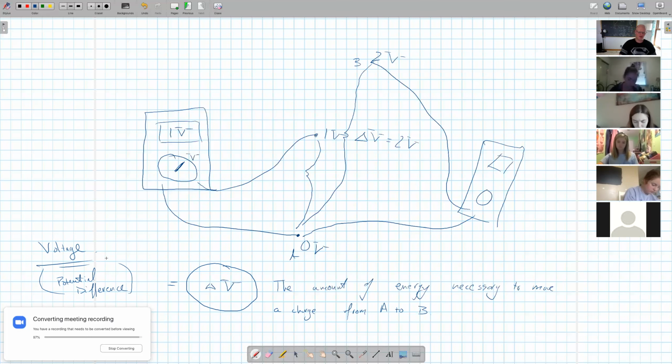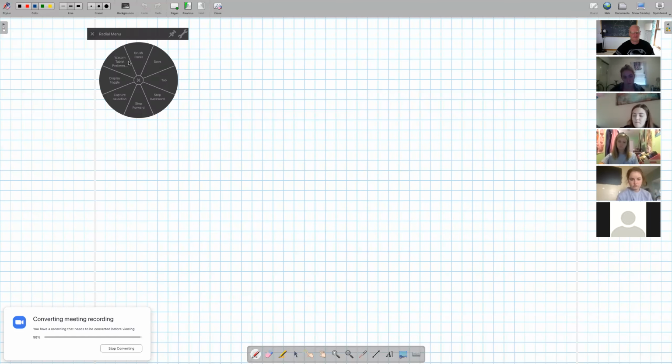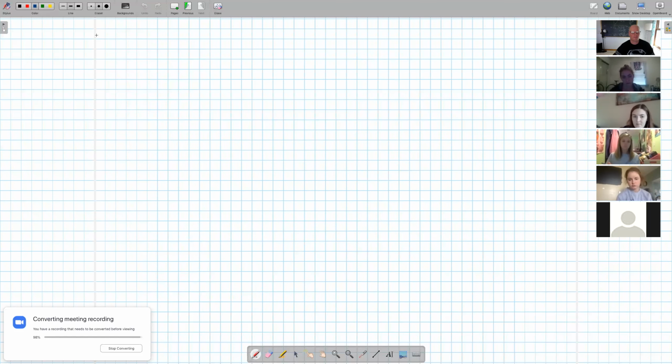Now, why do we care about voltage? Well, voltage is easy to measure, and because potential energy is a scalar quantity, then voltage is also a scalar quantity, which means it doesn't depend on direction. So voltage is a scalar quantity, which means no direction.